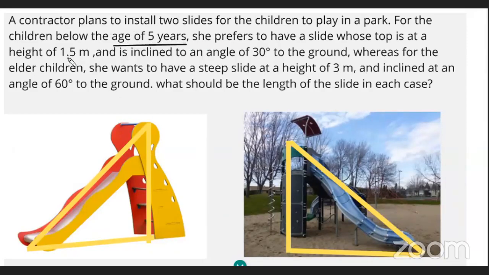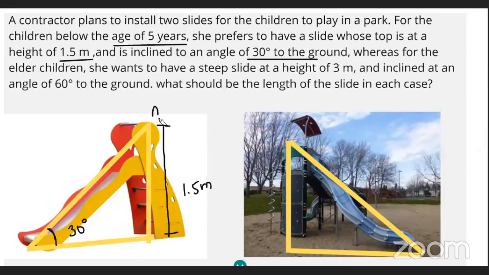She wants the height of the slide to be 1.5 meter high and inclined at an angle of 30 degrees. Again, she prefers to have a slide whose top is at a height of 1.5 meter. That means this height from here to here is 1.5 meter. The angle of elevation that she wants is 30 degrees.